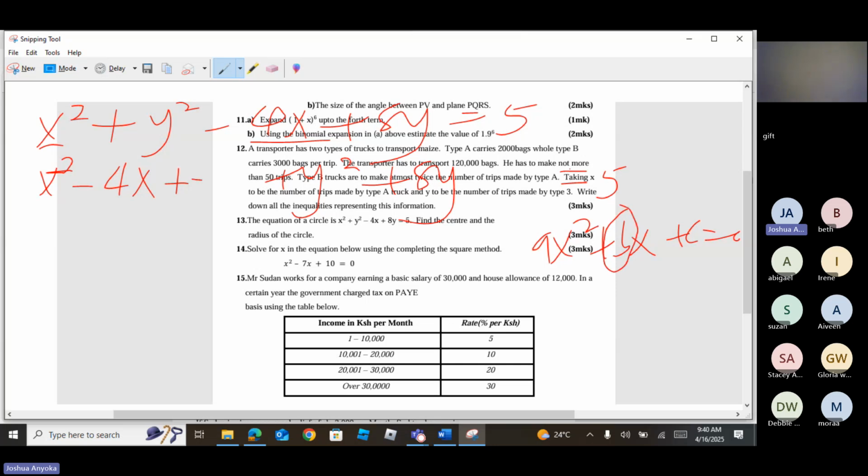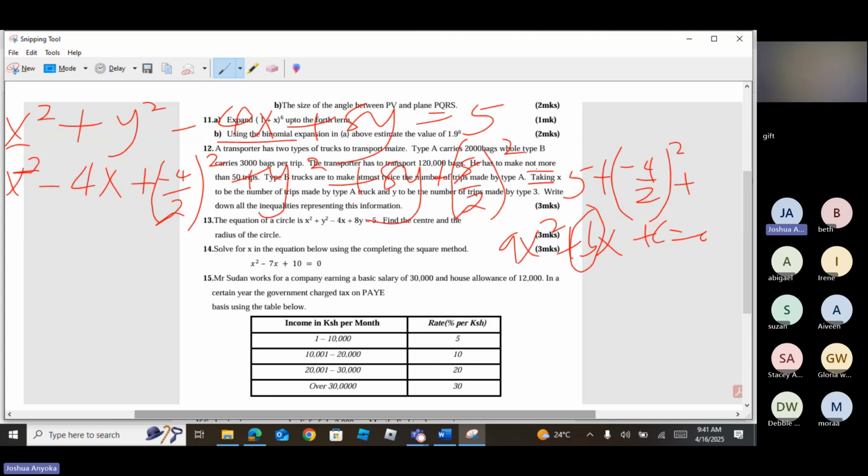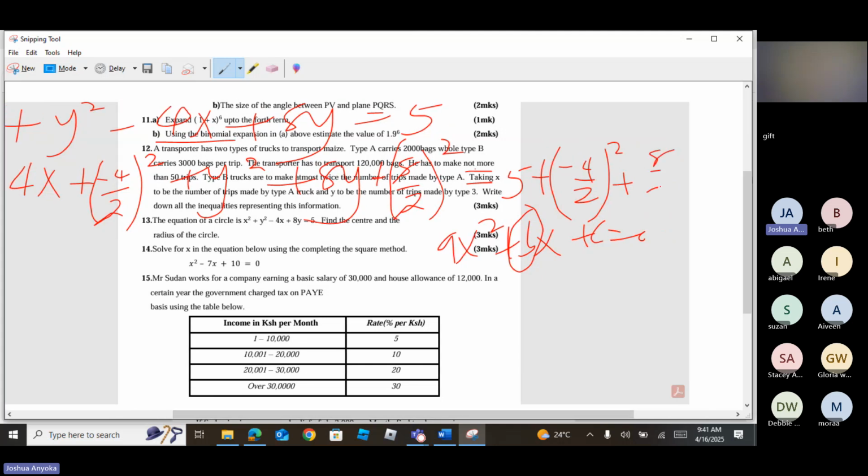So negative 4 over 2 squared, and here we add 8 divided by 2 squared. We do the same on the other side: negative 4 over 2 squared plus 8 over 2 squared. So we are now completing the square for x and for y.